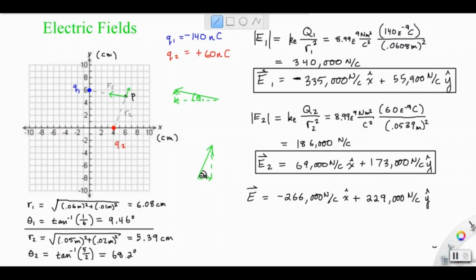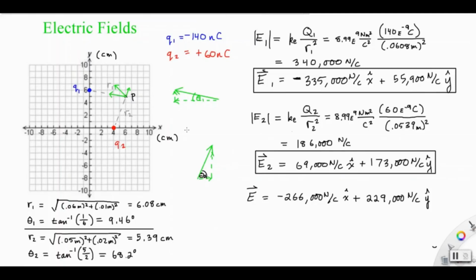And if we did so, we would end up with a point that's probably somewhere around here. And that does, in fact, look a little bit like what we expect. It's almost 270,000 to the left, and up about 230,000, which means it's a little bit more left than it is up, and that's exactly what our graph shows us the effect to be.